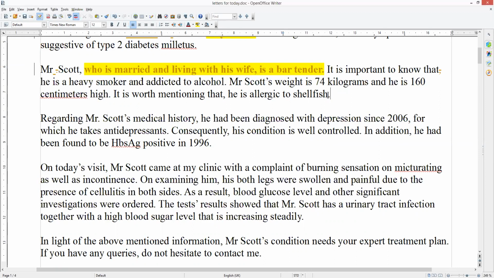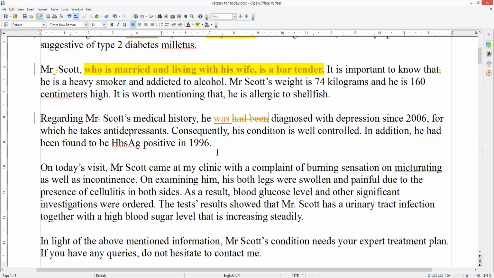"So regarding Mr. Scott's medical history, he had been." Why is it past perfect passive? You mean he was? Either he was diagnosed with, or he has been. No, I would probably, why not make it a simple past?